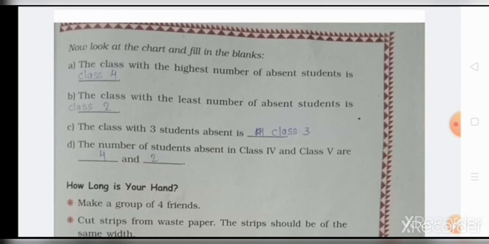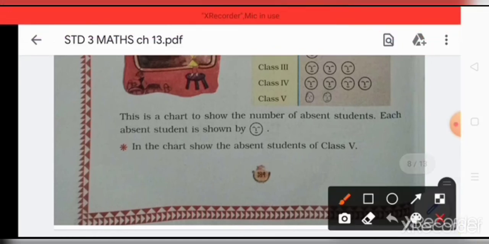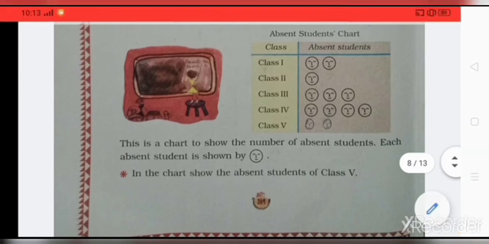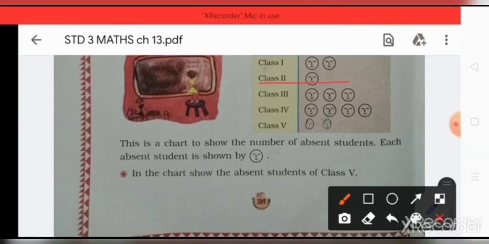The class with the highest number of absent students is where more people are absent. There is class 4. There are 4 students absent. And the class with the least number of absent students is where the fewest are absent. Class 2. There is 1 student.